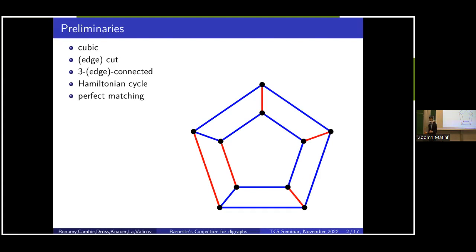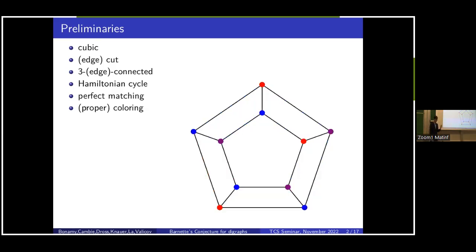If you remove a Hamiltonian cycle from the graph, then every vertex that remains has degree exactly 1, and that gives you this perfect matching, right? And here you can also see that this perfect matching does not contain a cut, because when you remove it, the graph is connected by this Hamiltonian cycle. So you can always see containing a Hamiltonian cycle as the same as containing a perfect matching without cuts.